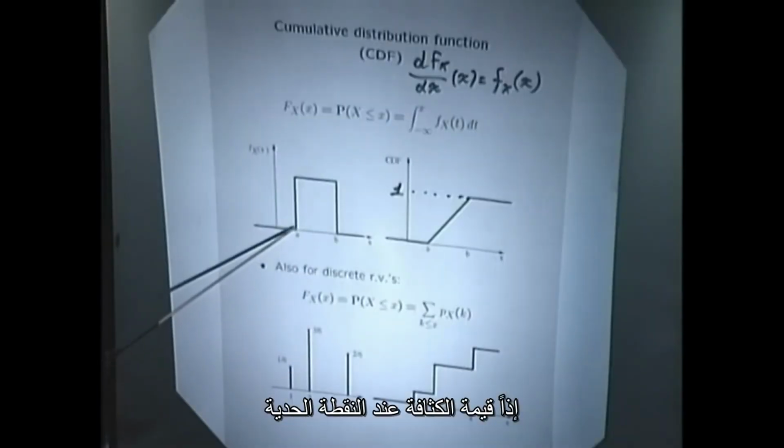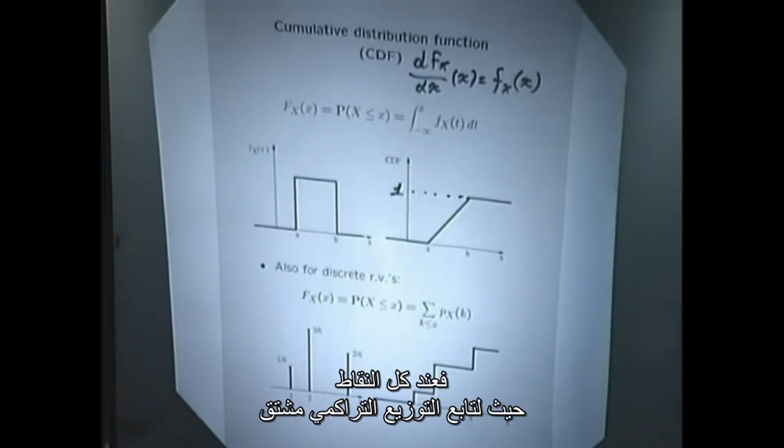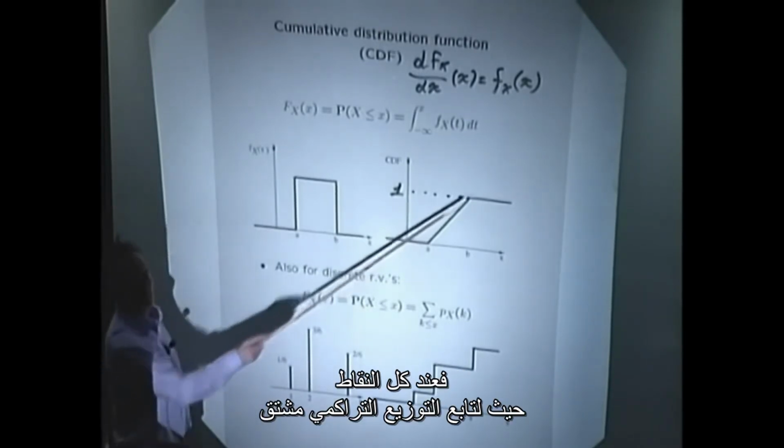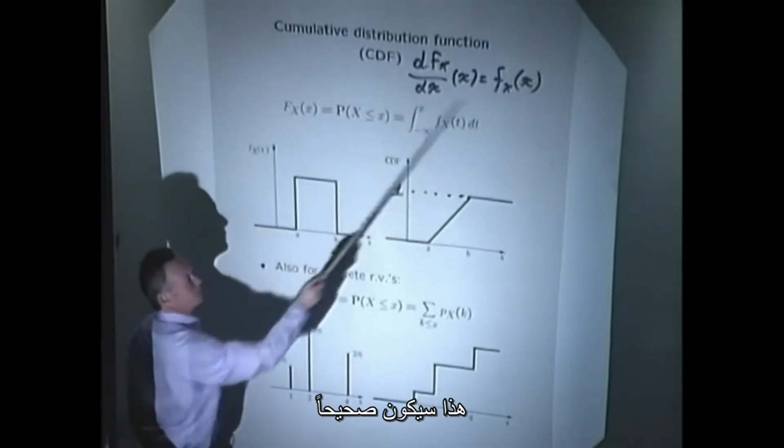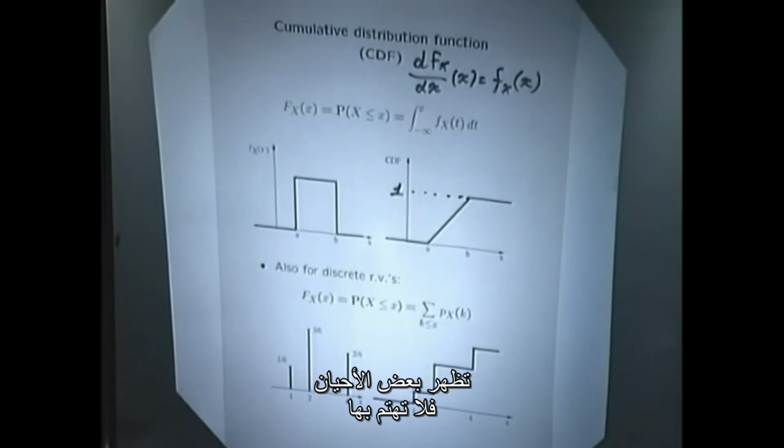So the value of the density at the endpoints, you can leave it as being ambiguous, or you can specify it. It doesn't matter. So at all places where the CDF has a derivative, this will be true. At those places where you have corners, which do show up sometimes, well, you don't really care.